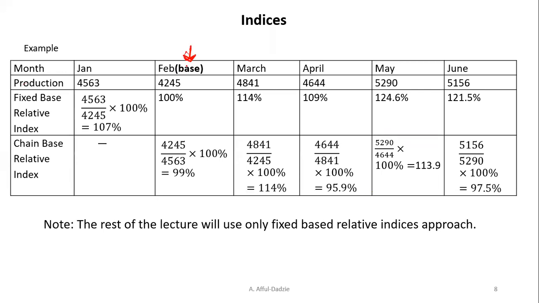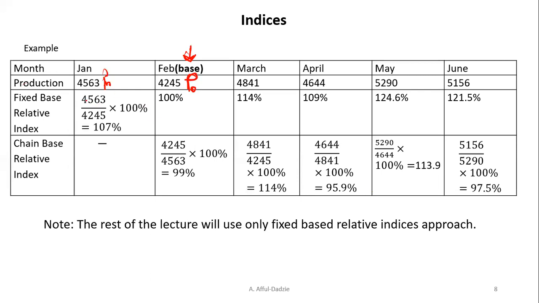This means we are going to compare all other periods to February, so the value in all other periods will be divided by the value in February. Let's start. In January, we have 4563. This becomes our PN, the current period of interest, and February will be our PO.